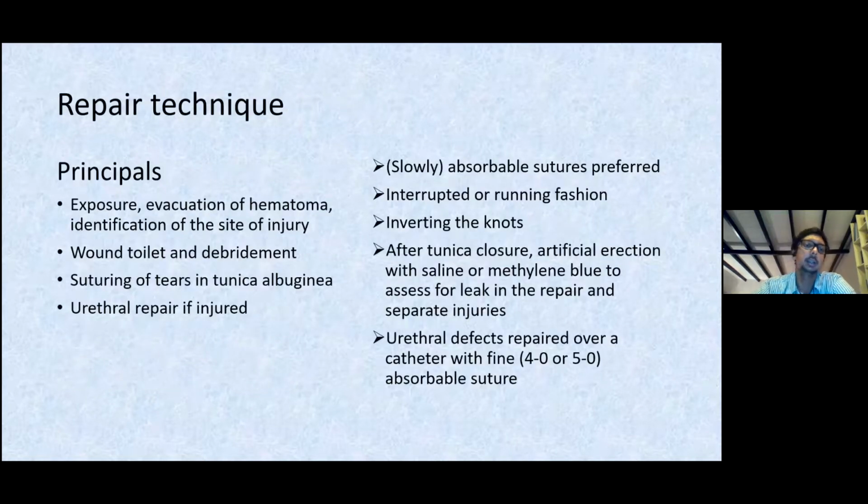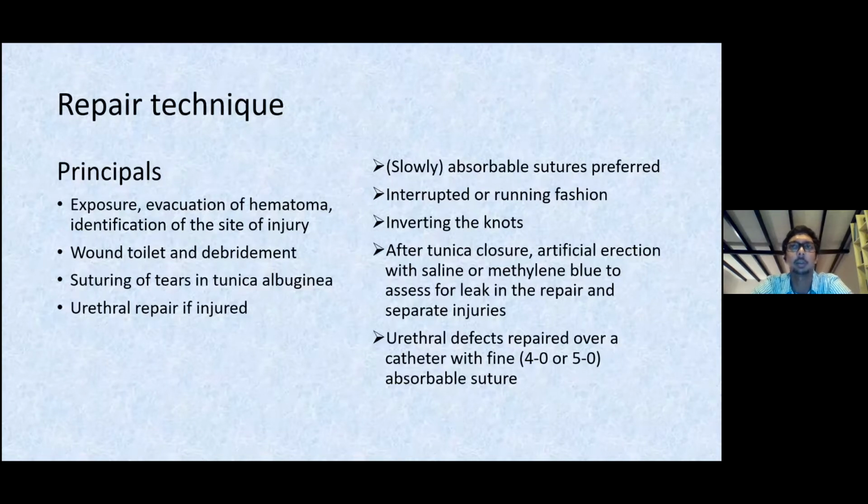The technique, the principles are basically exposure, evacuation of the hematoma, identification and repairing of the tear, and repairing the urethra if needed. And as we discussed earlier in the previous presentation on Peyronie's, absorbable sutures are what is preferred in the review articles that I have referred to, simply because palpable knots and long-standing sutures will be bothersome for the patient subsequently.